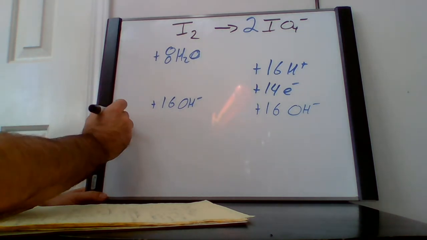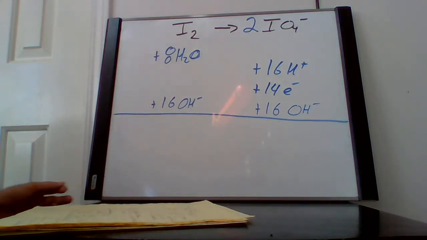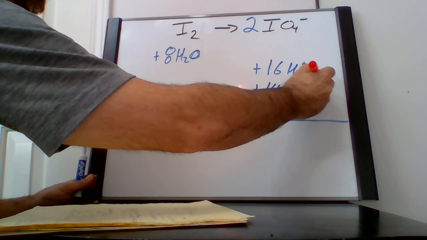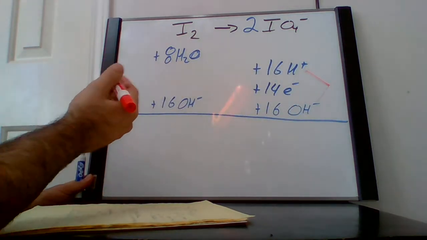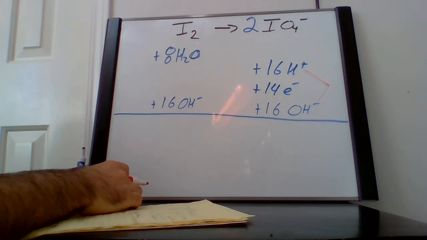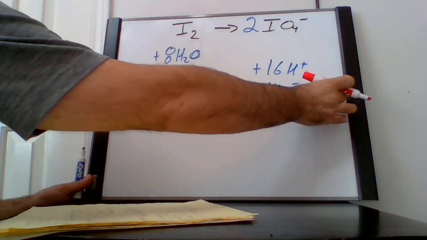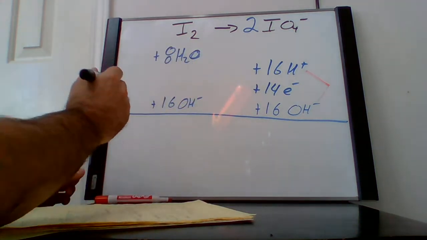So let's take a look when we add all of this up. This and this are going to combine to form 16 waters. If I had 16 waters on this side and 8 on this side, they're going to cancel each other out.